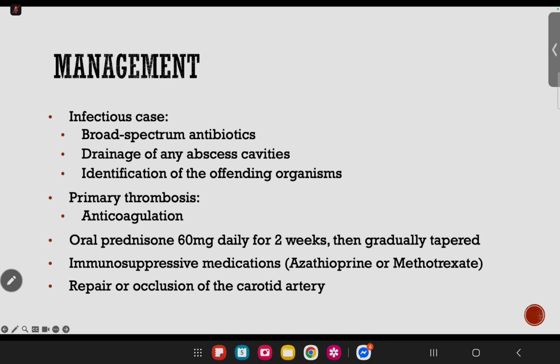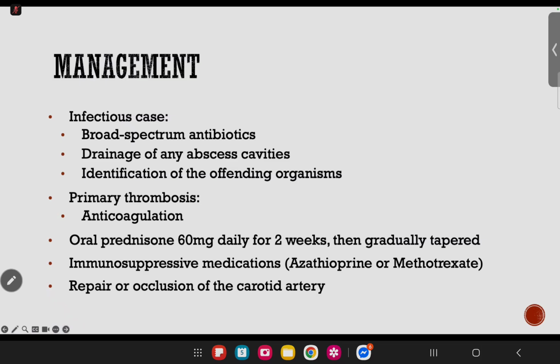So, management. In infectious cases, prompt administration of broad-spectrum antibiotics, drainage of any abscess cavities, and identification of the offending organisms. We also do anticoagulation therapy; they may benefit in primary thrombosis.